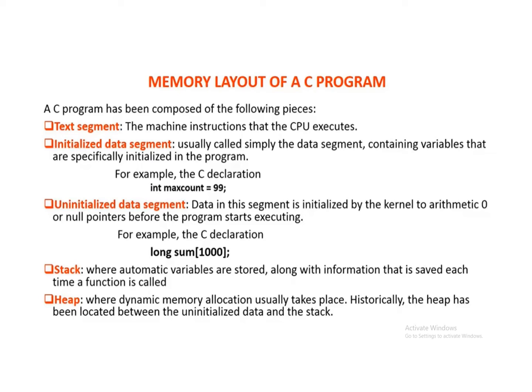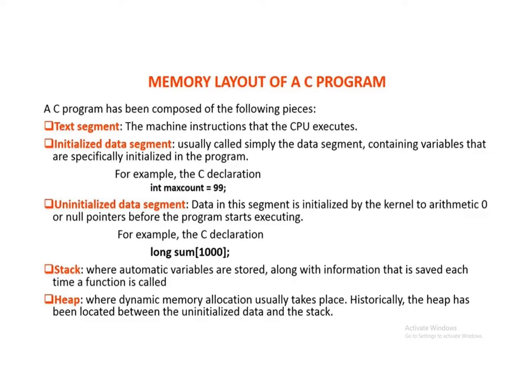Then next, the initialized data segment, usually called simply the data segment, containing the variables that are specifically initialized in the program. For example, if you use any variable and it has been initialized to some value, that will come under your data segment. Then the uninitialized data segment.